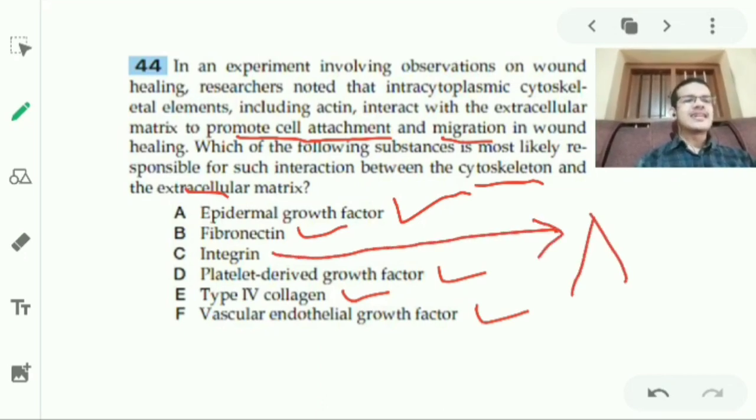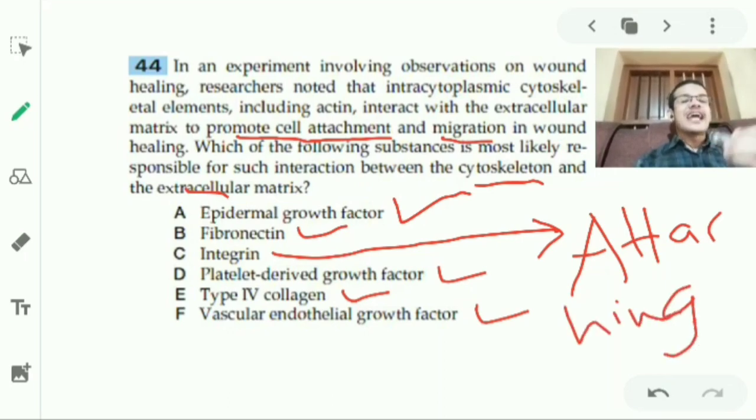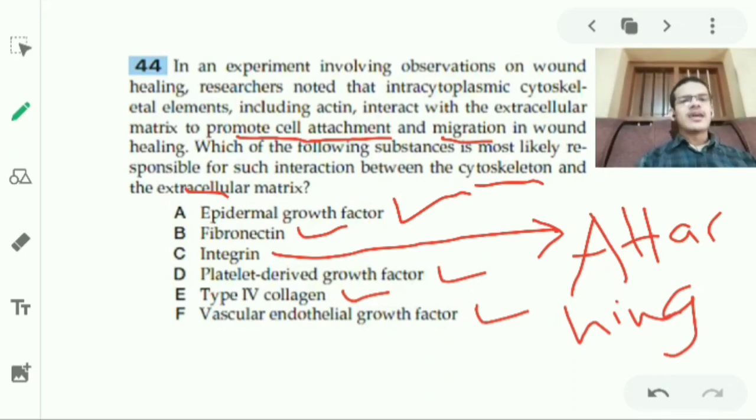Integrin is the attaching molecule which helps attach the cytoskeletal components of the cell with the extracellular matrix proteins. You have studied more about integrin in the inflammation chapter, while you learned the rolling adhesion during the leukocyte recruitment process.